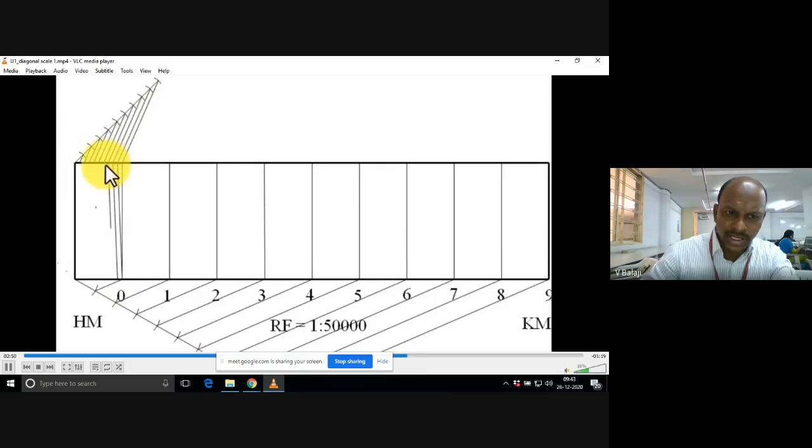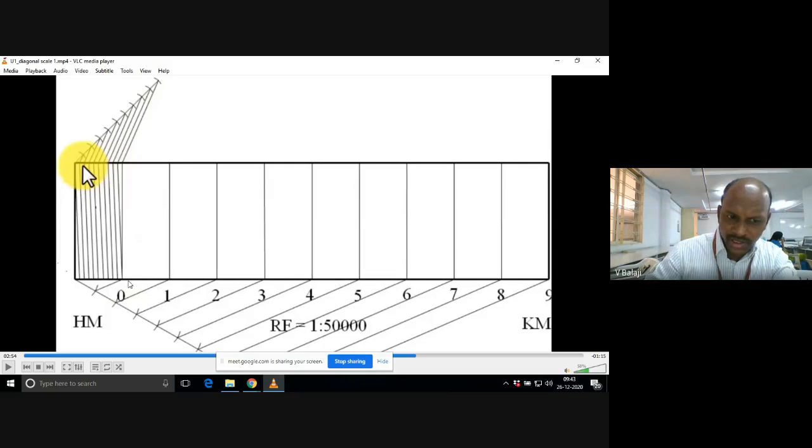Earlier in case of plane scale we were supposed to draw vertical lines, but in case of diagonal scale you draw one inclined line from the first parallel line and join that point to 0 on the ground line. Now match your mini drafter scale to that line and draw parallel lines to it. So these are the diagonal lines.